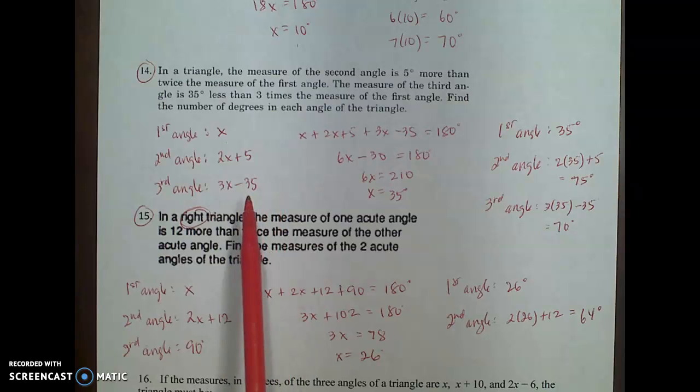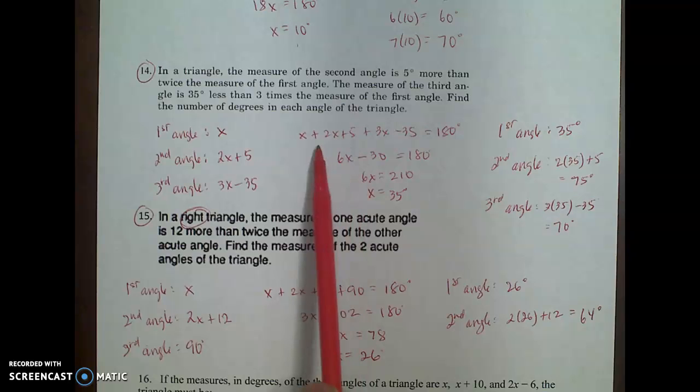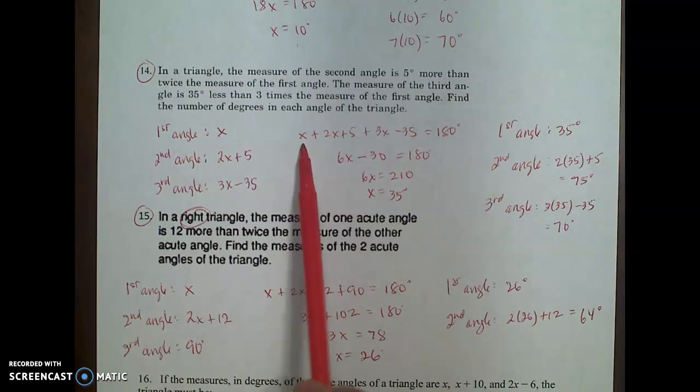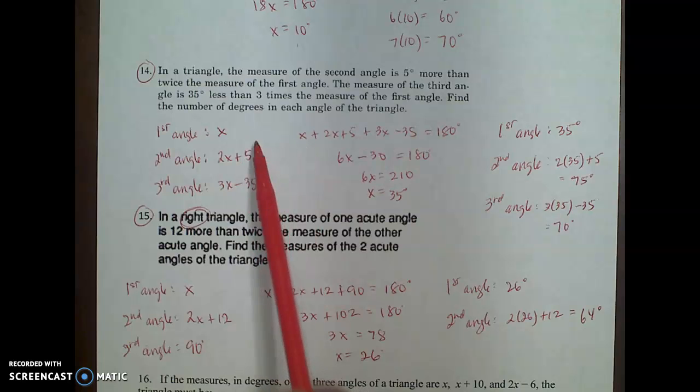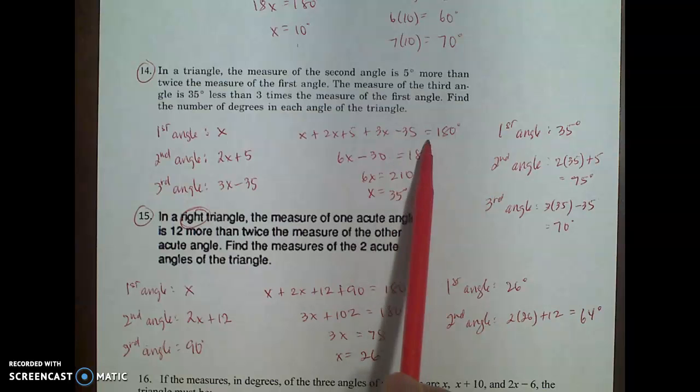Okay, so for this problem, we need to first write the expressions that represent the 3 angles. And once you do that, then we set up our equation using the triangle angle postulate, where we take each of these expressions, adding them together, and setting it equal to 180 degrees.